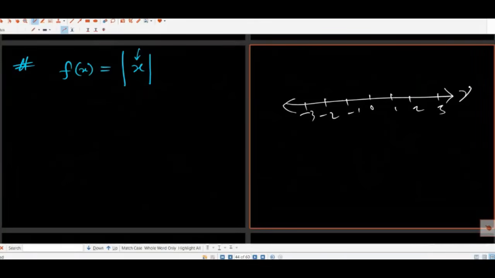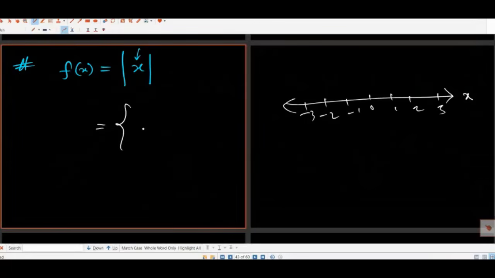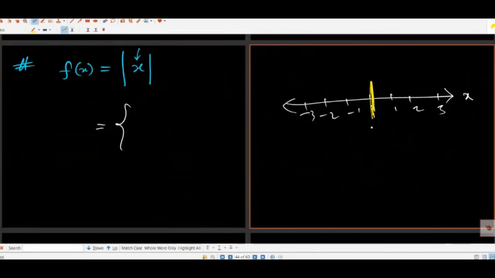So this is our x-axis. We can make this one a piecewise function. Let's say this is our 0, here we have 0 plus, here we have 0 minus.